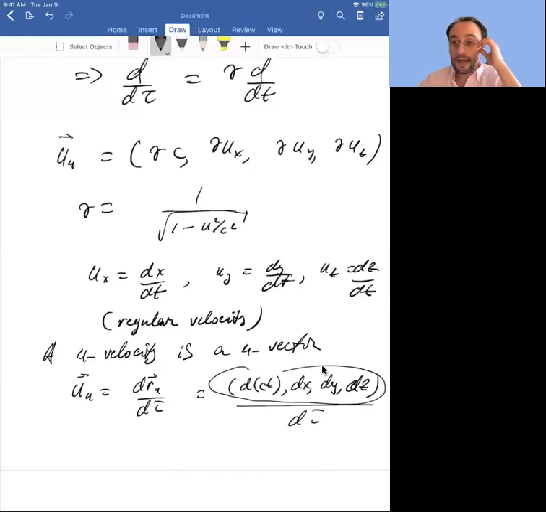And we already discussed that intervals, including infinitesimal intervals, are four vectors. So this is just a four vector divided by a scalar, which is also a four vector. A scalar is just a number that doesn't depend on the frame.